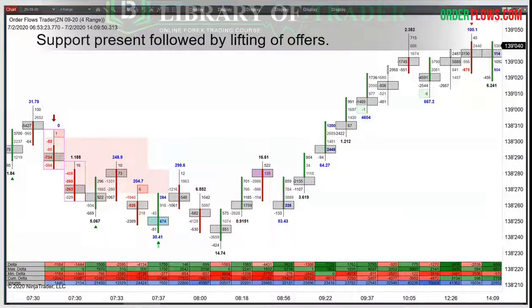Now, support is when you see the market make a low, and you're going to be looking for support. What you like to see after you see support is people start lifting the offers, because it's one thing to have support in the market, but then you want to see aggressive buying coming in. Looking at a delta footprint chart is sometimes a lot easier than a volume footprint chart.